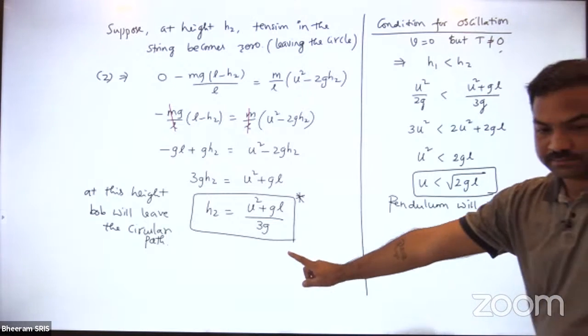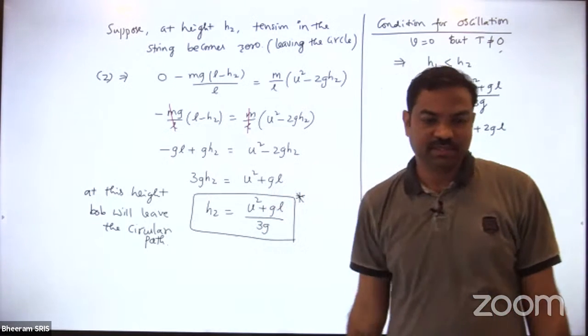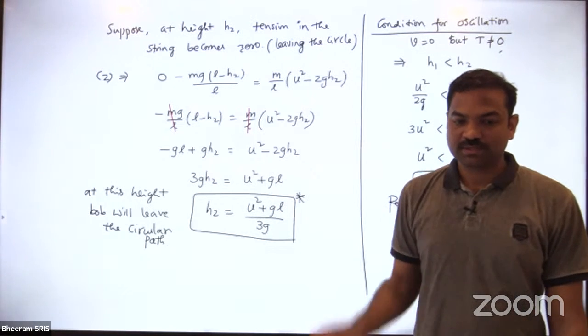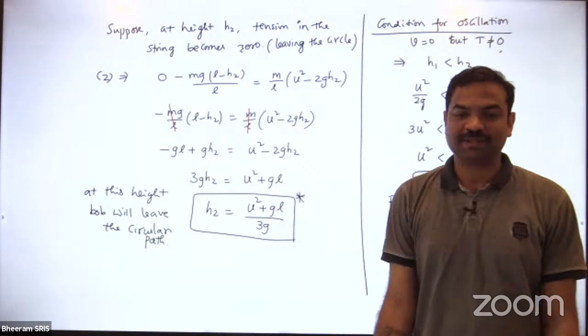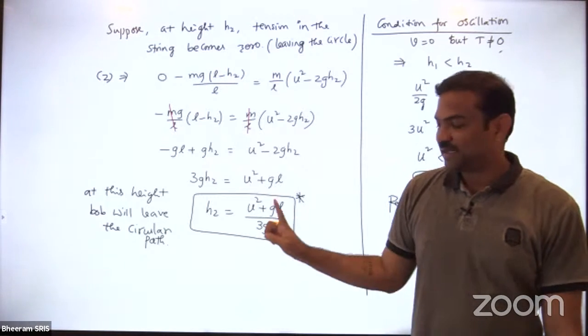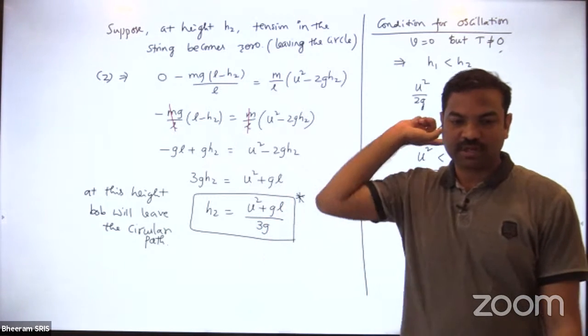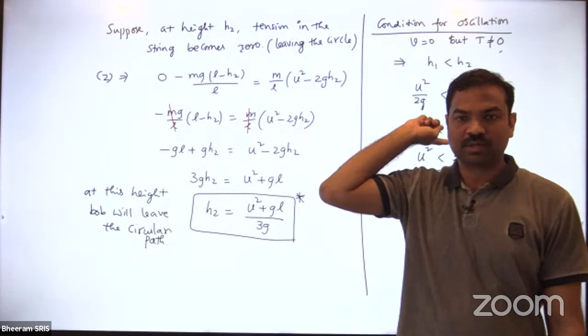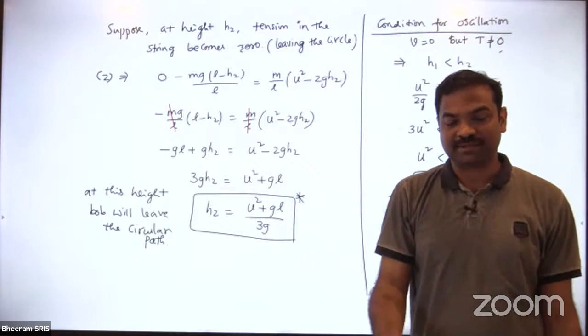Write down till here, and you have to try these things: condition for oscillation and condition for leaving the circular path, both. That's why I'm not keeping the other slide. Till H2 you have to write down, and you have to try on your own. Already you listened to the conditions. You try on your own so that you will understand better.